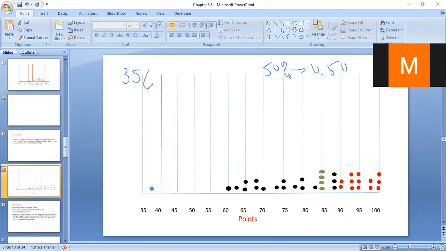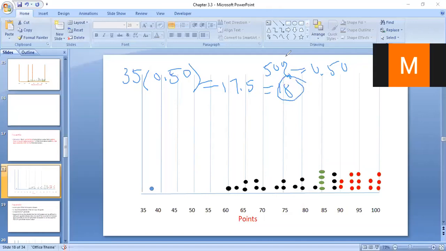You multiply 35 by 0.5. You get 17.5. You round to 18.